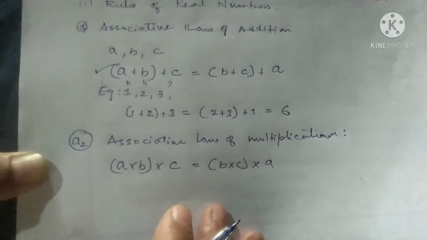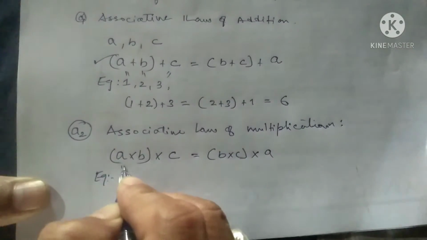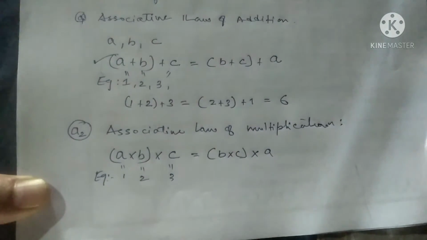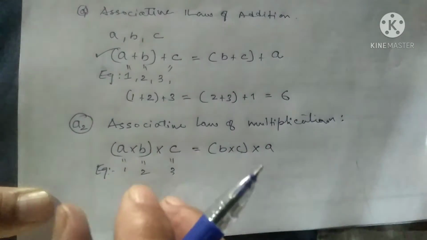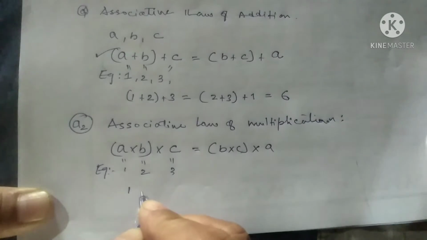Let us see by taking some example. Suppose A equals 1, B equals 2, and C is equal to 3. Let us prove this associative law of multiplication, whether this law is valid in multiplication or not.